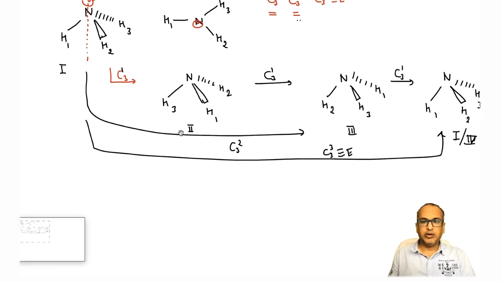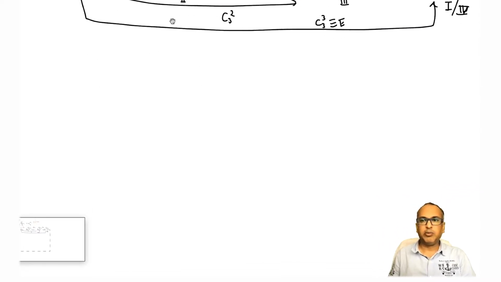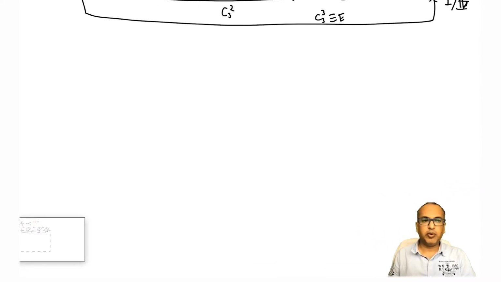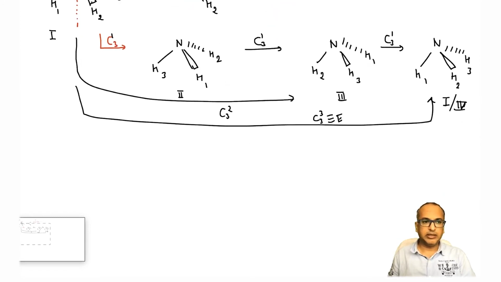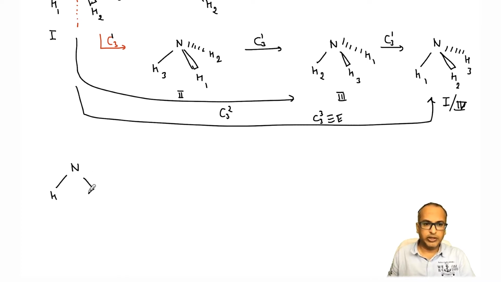Now let's go to a more complex molecule. But before we do that, let's also see what symmetry planes are present in this. Let me draw this molecule again in the same fashion, 1, 2, 3.